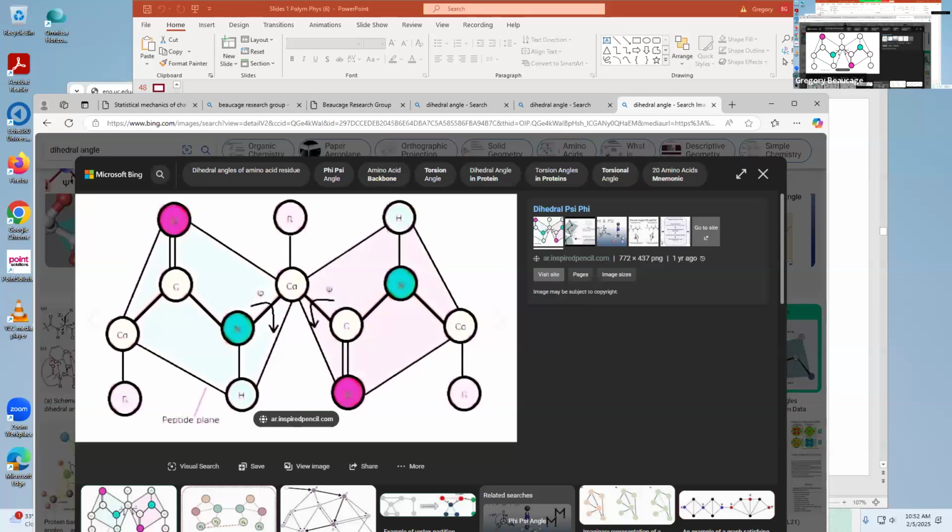That means this has a resonant structure with this, so this thing can come over here. That means this entire unit is a plane. It has to be planar. So a protein is going to be like cards that are connected at the corners, and then the cards can rotate around. That's called the dihedral angle. So it's not the rotational angle here.